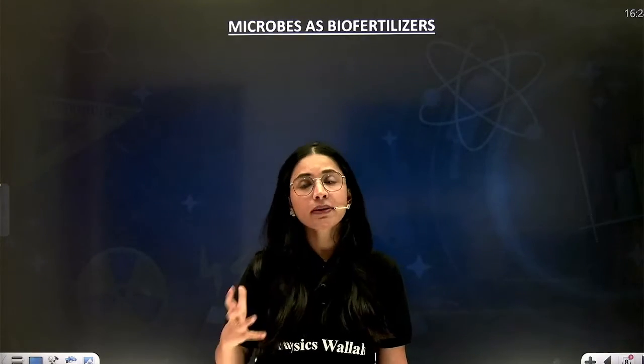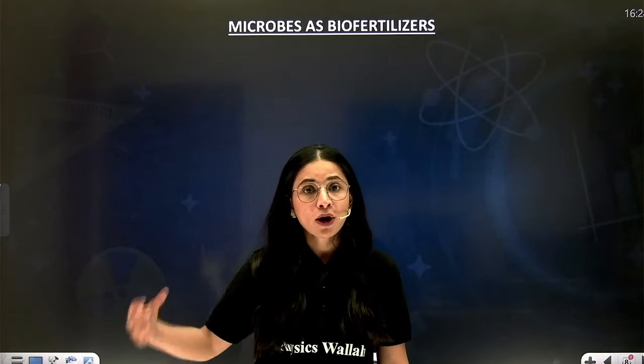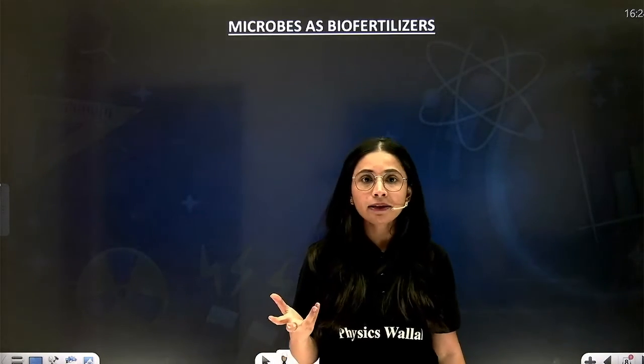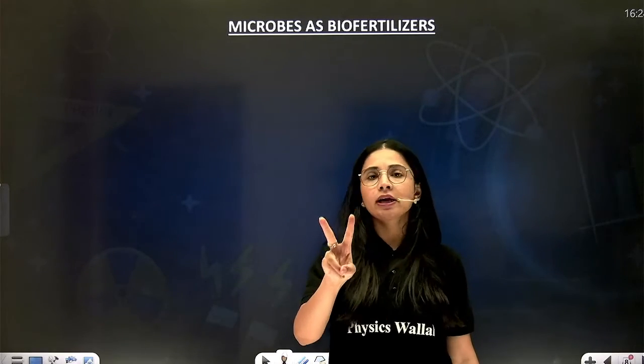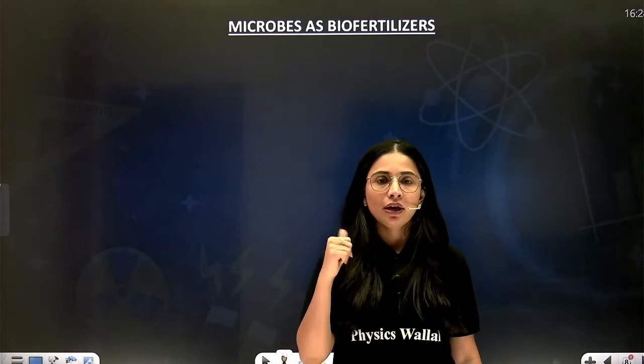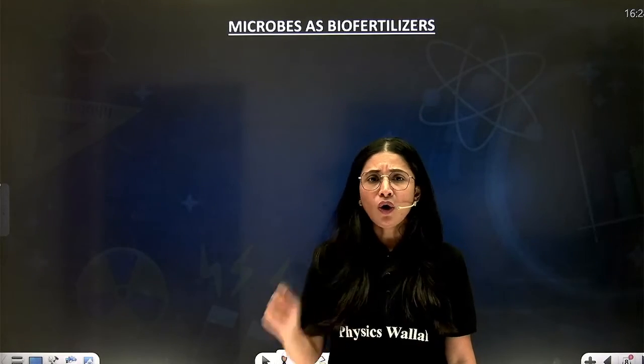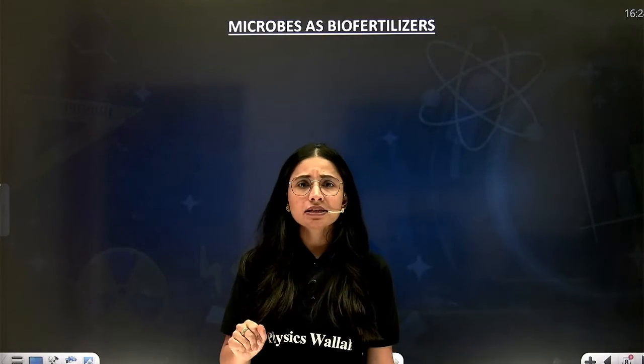The fungus Glomus forms mycorrhizal association, and it absorbs phosphorus from the soil and provides it to the plant directly. There are only two main nutrients which plants require for growth: one is nitrogen, another is phosphorus. That is why all the fertilizers are basically nitrogen rich or phosphorus rich.